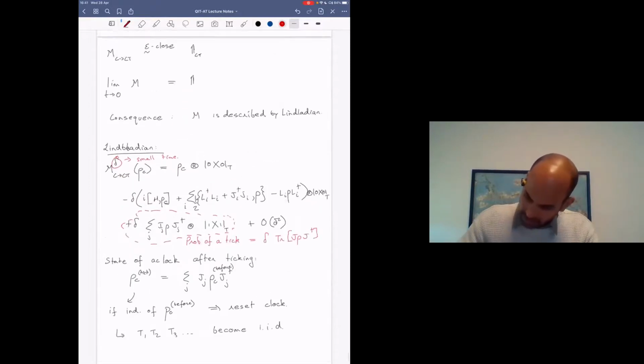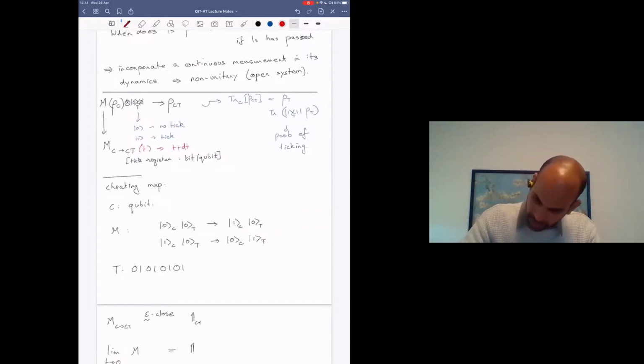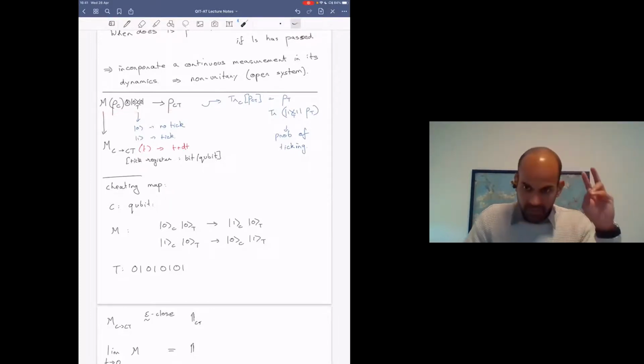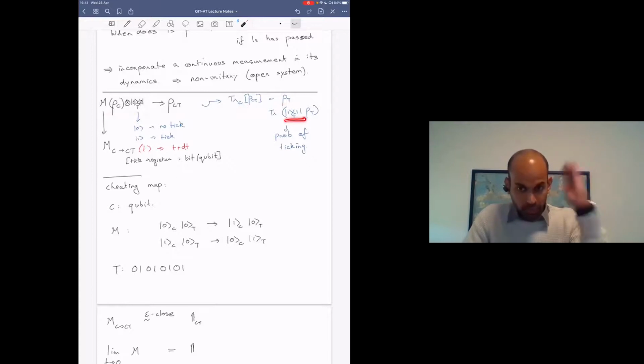The reason for this is the following. Remember when we discussed the map on the clock, we said the state of the register is given by tracing the clock out. Then you multiply the state of the register by the projector on seeing a 1 in the register. That's the measurement saying, yes, we did get a tick.